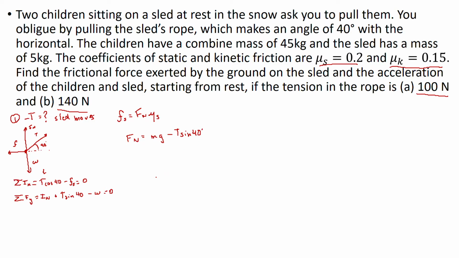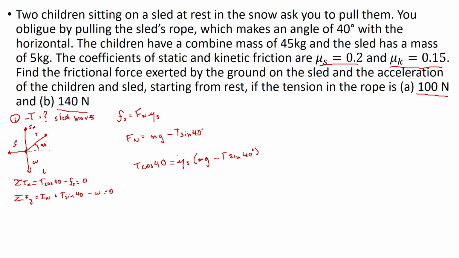So from there, the tension cosine of 40 is going to be equal to mu s times mass times gravity minus t sine of 40 degrees.